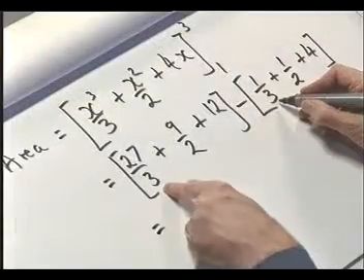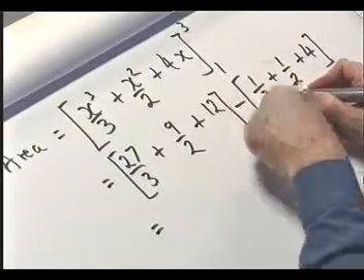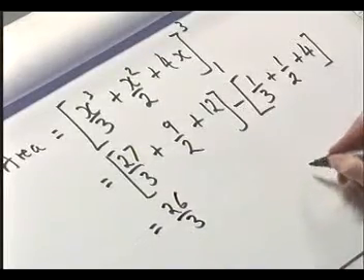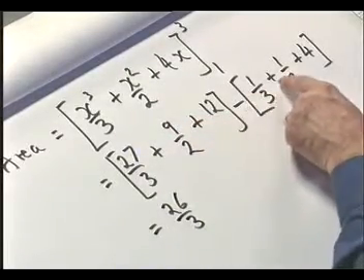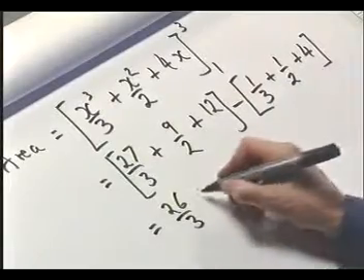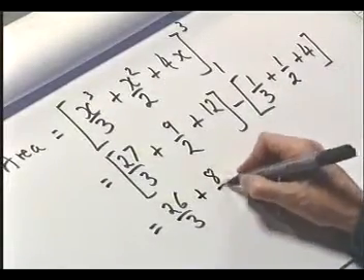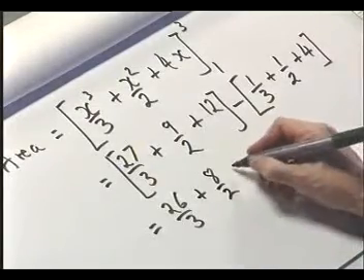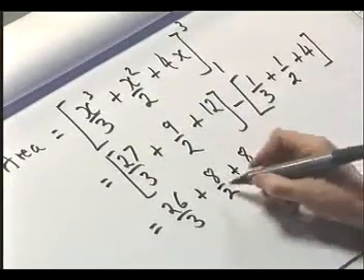Now, some of these we can work out quite easily, but let's do the thirds bit first. We've 27 over 3, take away a third, is 26 over 3. We've 9 over 2, take away 1 over 2, so that's plus 8 over 2. And we've 12, take away 4, so that's plus 8.